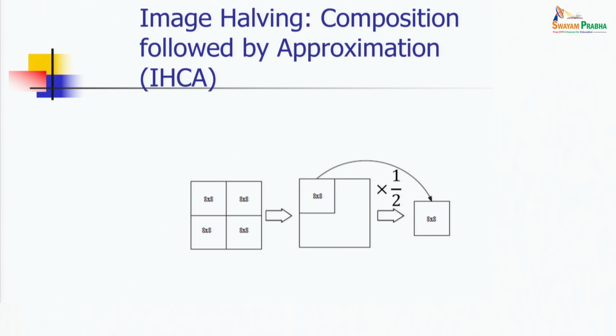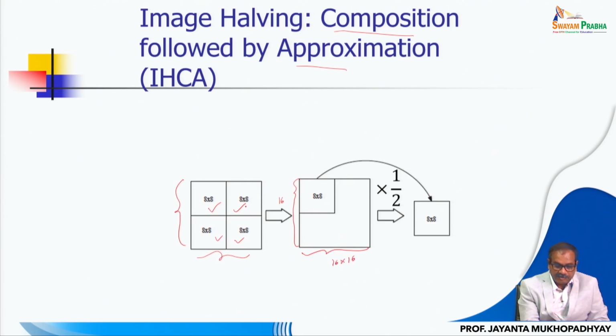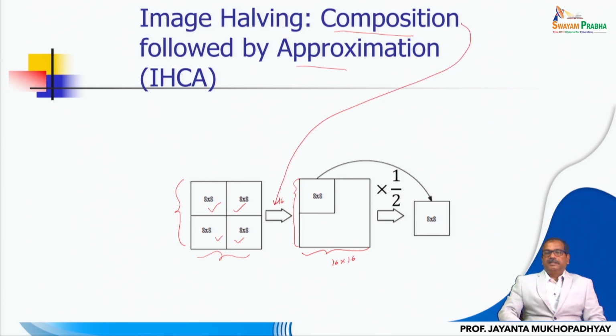The other approach to image halving could be composition followed by approximation. First I will compose 4 adjacent 8 cross 8 blocks, so the size would be 16 cross 16. For composition I will use the transformation matrices as we did.